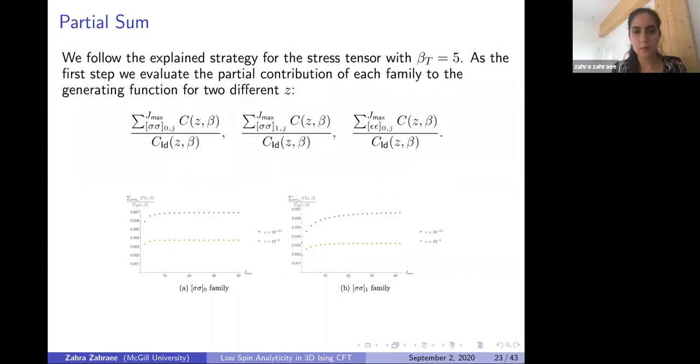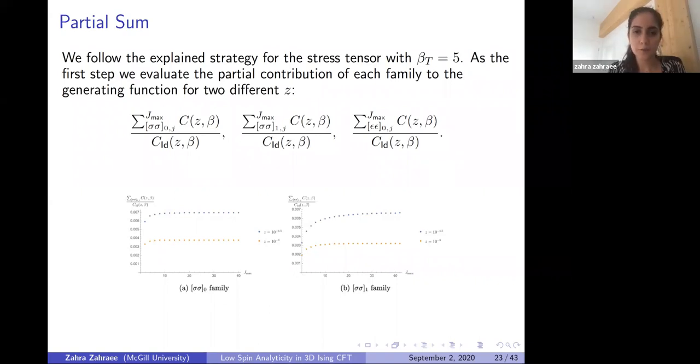Because we find out that we cannot go to z smaller than the convergence of our families. So here we see that for z equal 10 to the minus 4.5 and z equal 10 to the minus 3, the contribution of the sigma sigma 0 family is convergent.